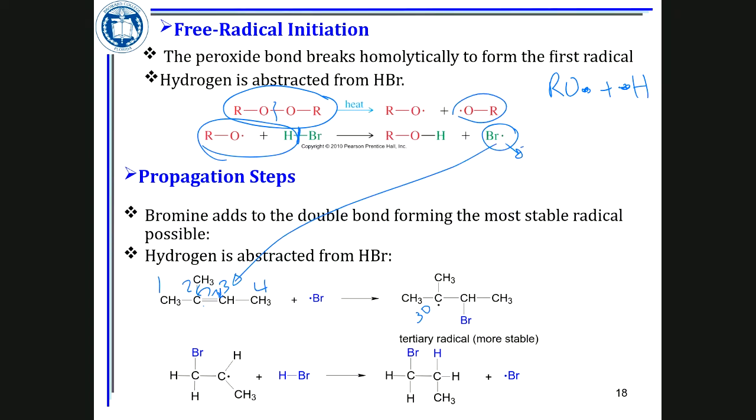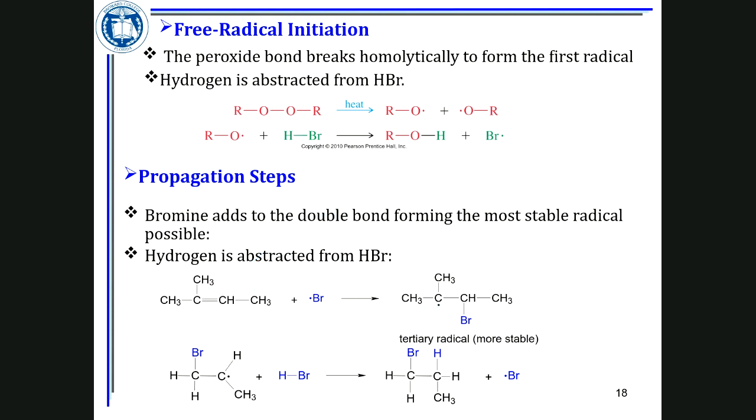When you have the product, did it follow Markovnikov? What is the Markovnikov product? If you want a Markovnikov product, that means when we are adding HBr, H should add to the carbon with more hydrogen, and Br should add to the carbon with less hydrogen.